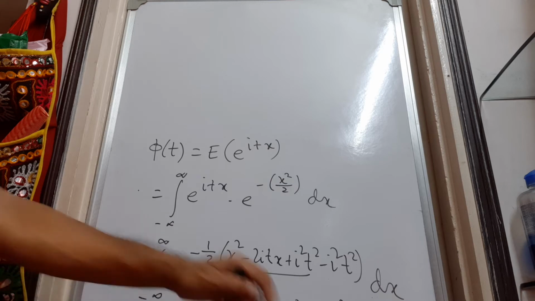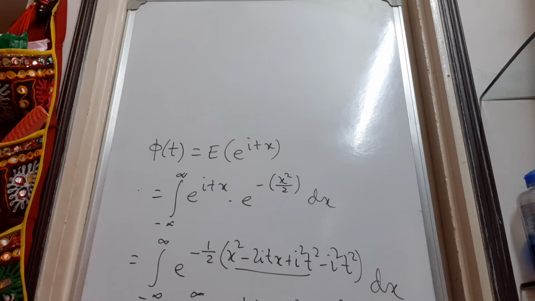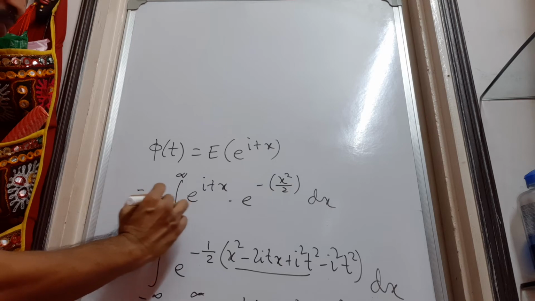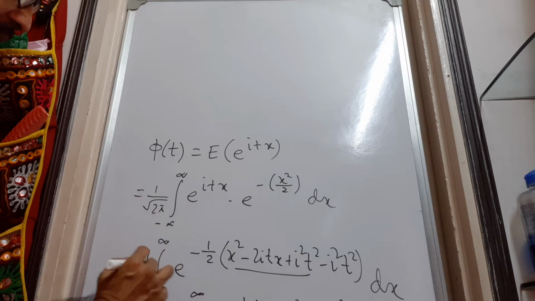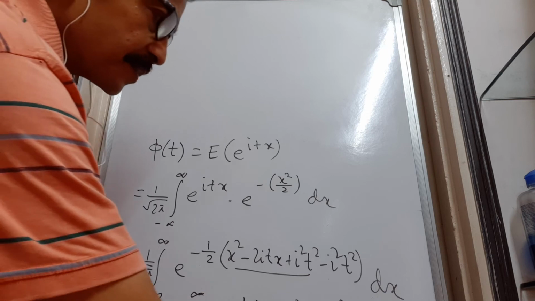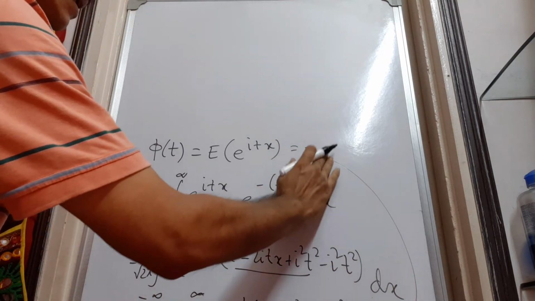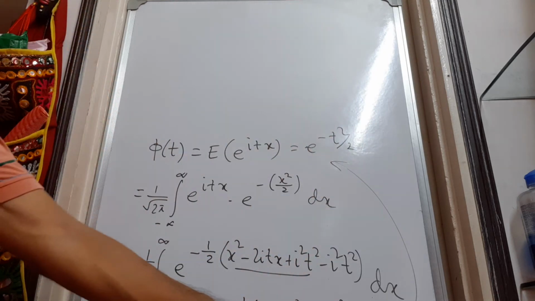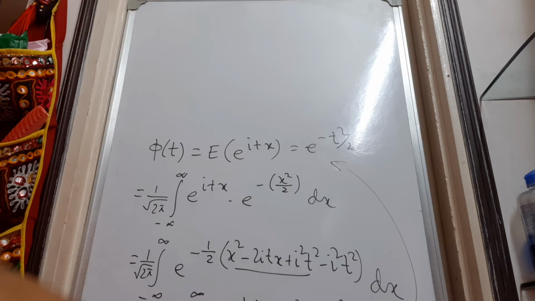And since this is, we can evaluate this as to be 1. So, we can write it as, I have forgotten to write the 1 by root 2 pi here, and this can be written as e to the power minus t square by 2 only, because it comes out of the integral, and this integral is evaluated as root 2 pi.